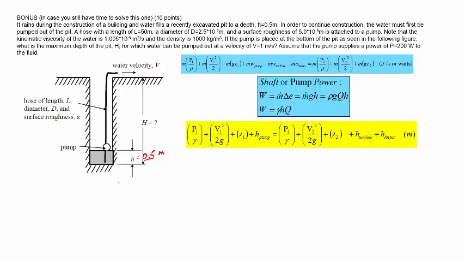A hose with a length of 50 meters, so we have the L, so it's important that you know what are the variables used, and a diameter of 2.5 times 10 to the minus 2 meters, and a surface roughness of 5.0 times 10 to the minus 5 meters is attached to a pump.